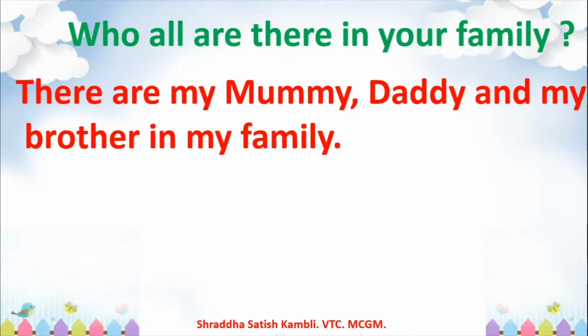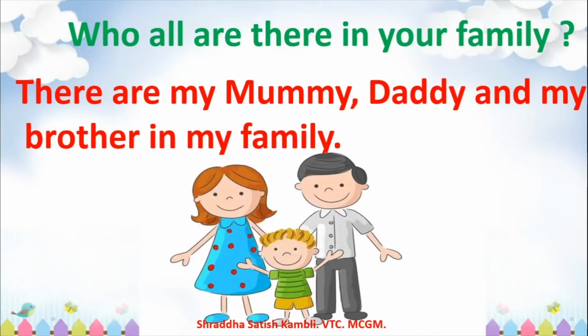So, how many people are there in his family? His mummy, daddy, and his brother. So, see who are these people? See, there's one mummy, there's one daddy, and there's one brother. So, these words, mummy, daddy, and brother, they are the names of people living in your family.